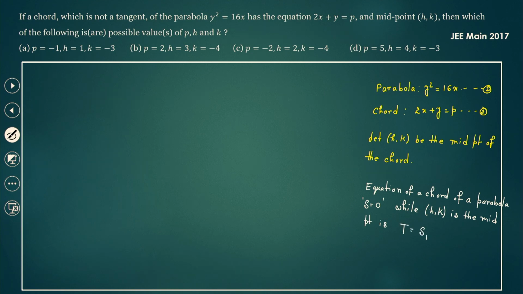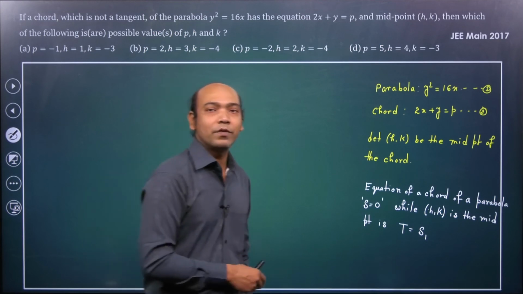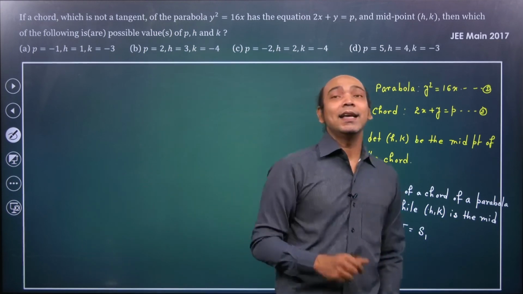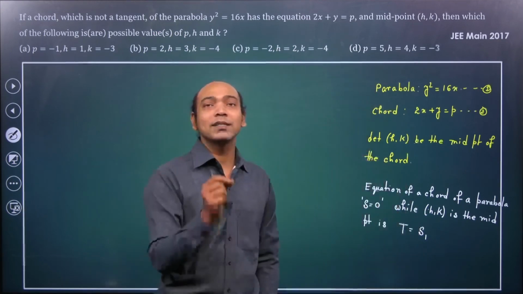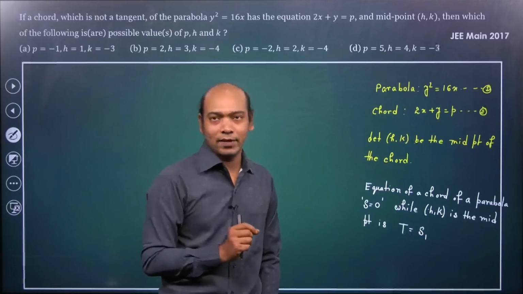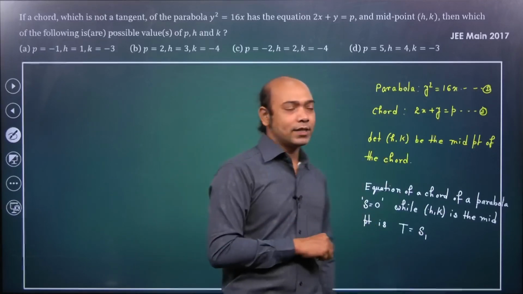Just remember that. Now we'll see what T and S1 mean. T means the tangent at that point. So we'll see a similar kind of equation. Now let's solve this problem using this.